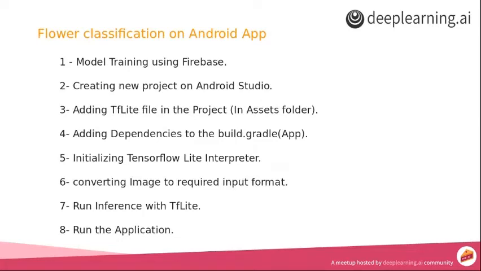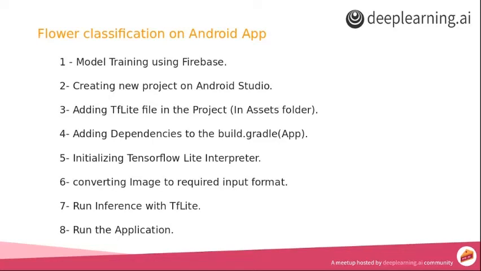Then we will initialize TensorFlow Lite interpreter. Then the most important point is the sixth, converting image to required input format. This is the main challenging task while deploying your ML projects to Android application. You need to convert your data to the required format of the model. Seventh one is run inference with TF-Lite, and eighth one run the application.